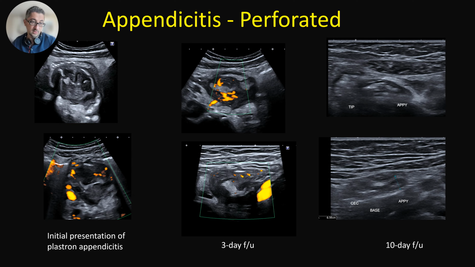Usually the surgeons don't prefer to do immediate surgery when there is plastron appendicitis. They usually treat with antibiotics and wait until the inflammation resolves. In this case, there was inflammation, this pseudomass, this plastron. Then after 3 days, there was improvement of this inflammation and inflamed omental appearance.